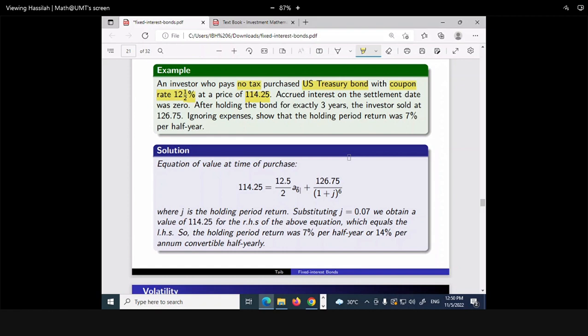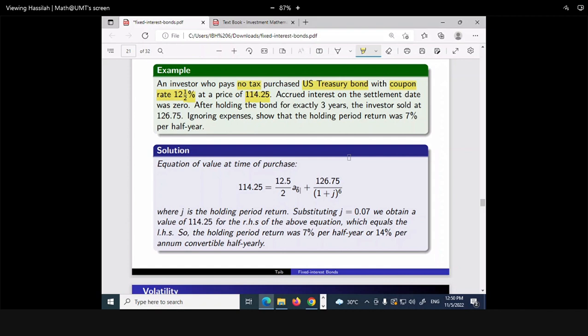Coupon rate 12.5%. Bila tak dinyatakan, kita kata par value dia adalah 100. Saya katakan sebelum ni, dalam buku ni, mungkin buku lain-lain, tapi buku ni kalau dia tak sebut, par value-nya adalah 100.